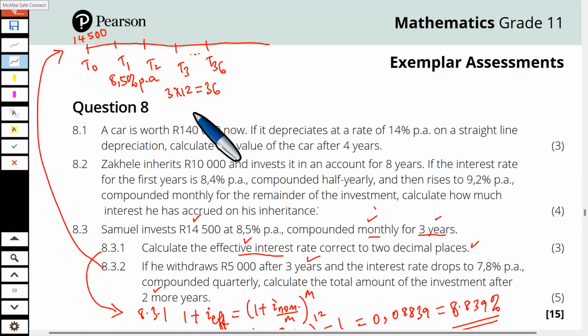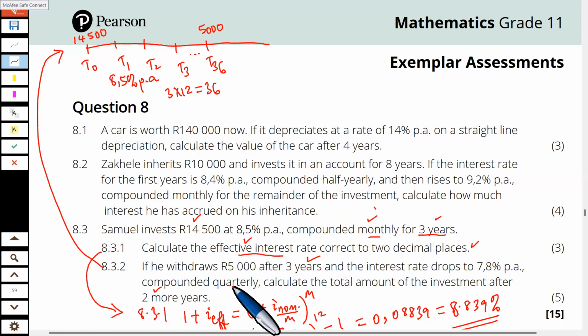So if it's 3 years, then you multiply by 12, because there are 12 months in a year, so you get 36. So now this is going to be the investment for the 3 years. If he withdraws 5,000 after 3 years, there is 5,000 being withdrawn.